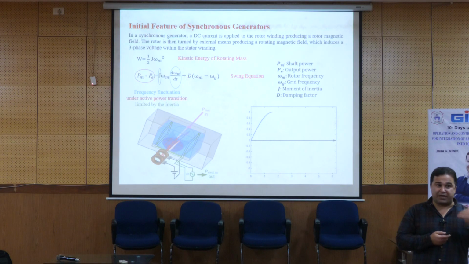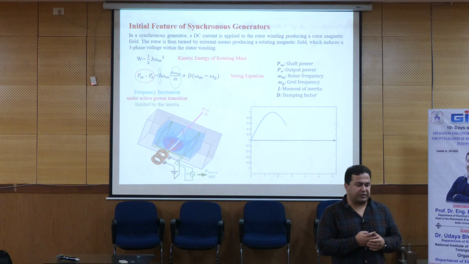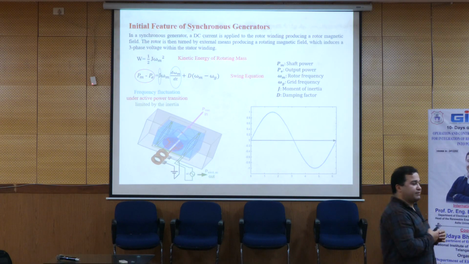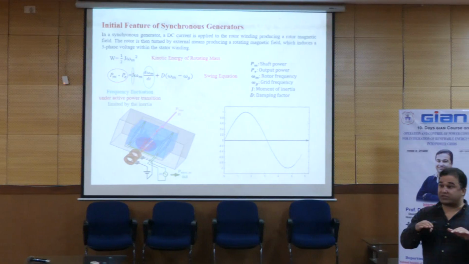If you go back to the 2000s, 2009 or something like this, they reached the point where, when we increase the share of renewable energy sources to more than 30% in the power grid, the inertia is constant and we reach a frequency problem.